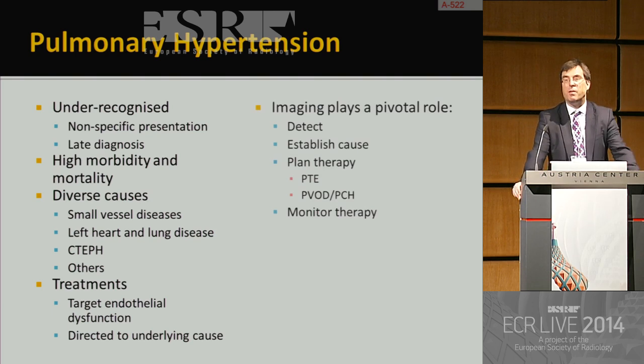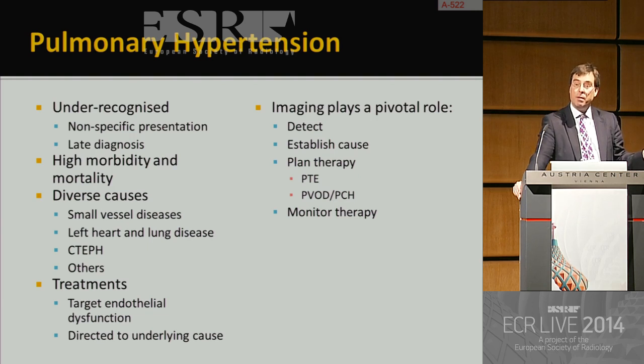We as radiologists, I think, play a pivotal role in this disease, both helping suggest the disease. We may be the first to suggest the disease. We may help establish a specific cause for that disease, for example, chronic thromboembolic disease, intracardiac shunts, left heart disease, easily diagnosed by us. We may help assess the extent of disease and guide treatment.